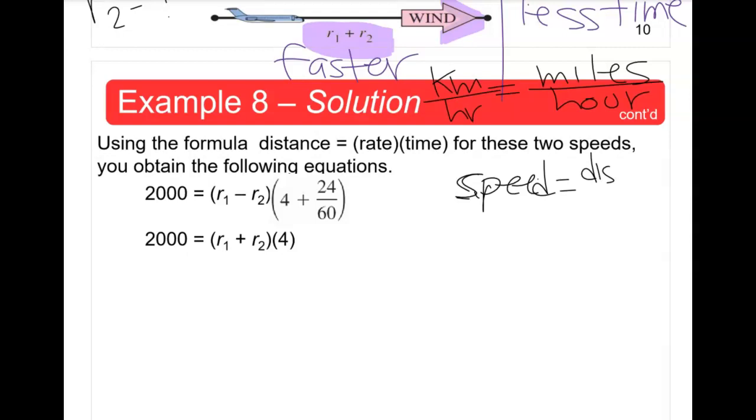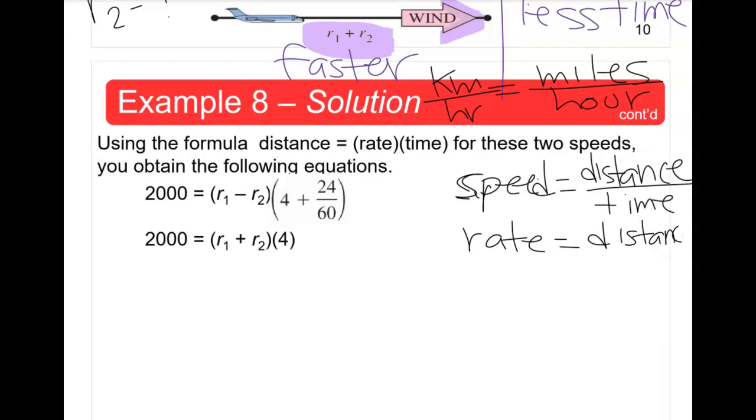So the formula for speed is distance divided by time. Now, another way for us to refer to speed, we could call it rate, but it will be the same thing, distance over time.